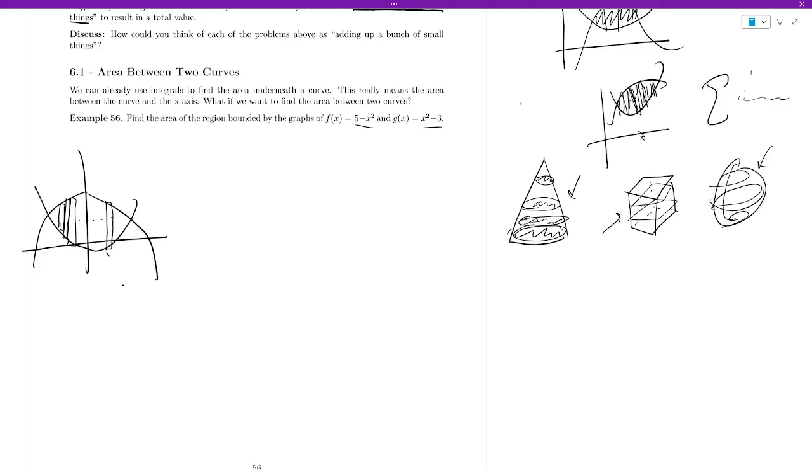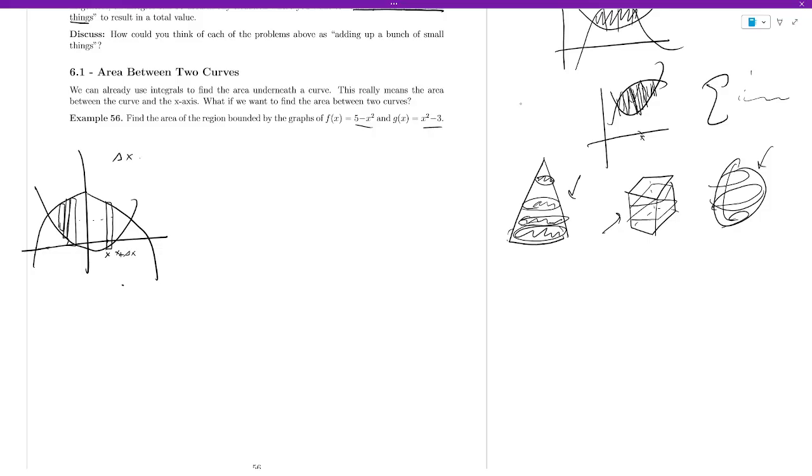Its left endpoint here is at a position x. The height is the most important thing. The width goes over to x plus a little bit, x plus delta x. So the area of one of these rectangles is the width, which is delta x, times the height.